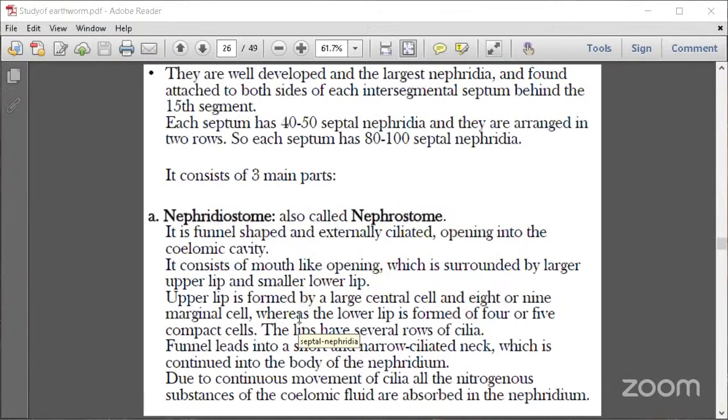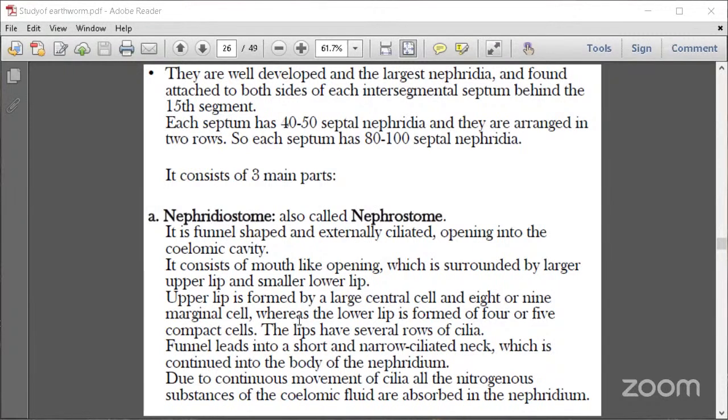Funnel shaped and externally ciliated, opening into the coelomic cavity. It consists of a mouth-like opening which is surrounded by a larger upper lip and a smaller lower lip.